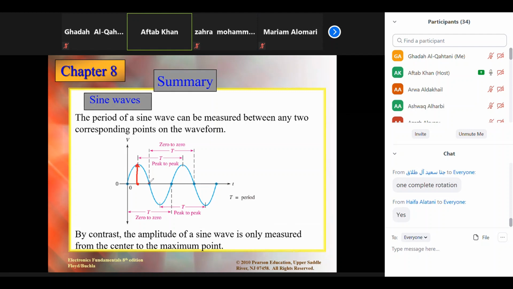If you look here, what is the amplitude? 0. Here, 0. Here, 0. This is exactly the same amplitude, but negative. So it is always measured at the peak. On the other hand, time period can be measured between two corresponding points as shown in this figure.